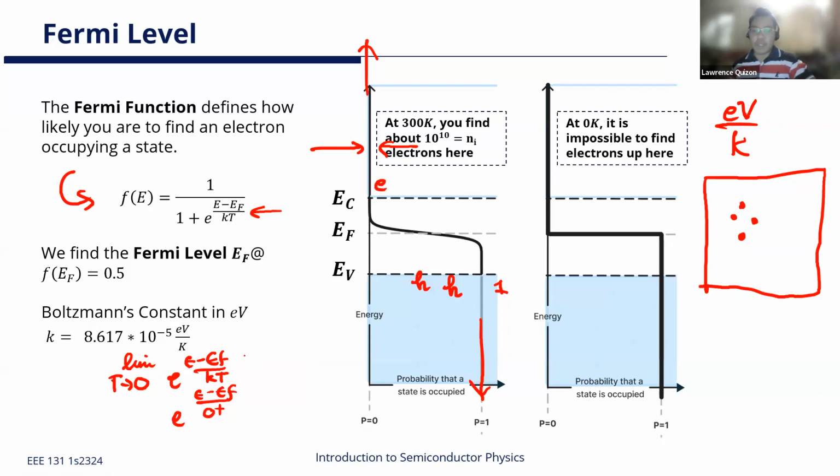Now we have two cases here. If E is greater than EF, positive yung nasa taas, right? So then, this would be a positive number over 0 plus, which means it's positive infinity. Other case, E is less than EF.